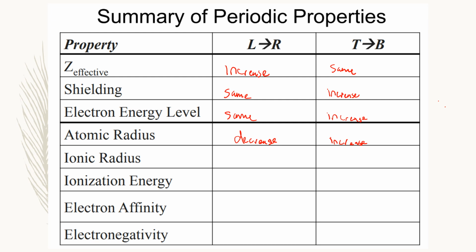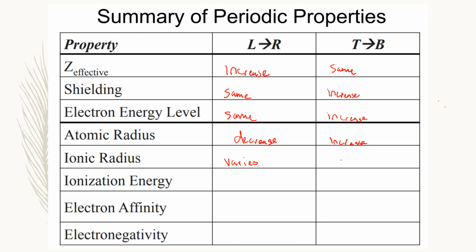For ionic radius, from left to right, again, it is going to vary due to the interactions that we have with the number of electrons that are found in the shells versus the protons. Think about the charge differences that we had talked about for that.